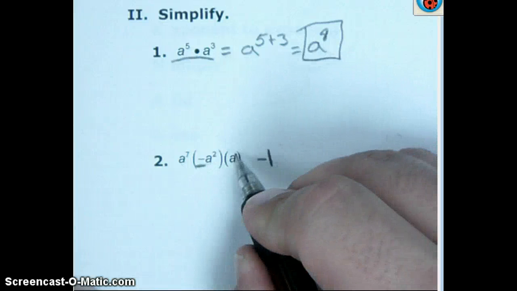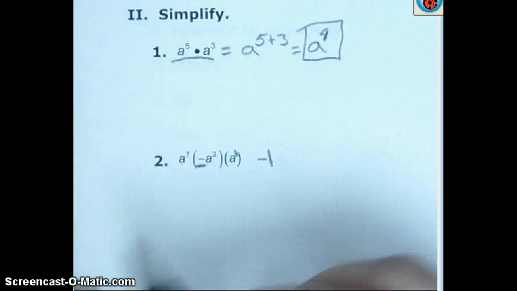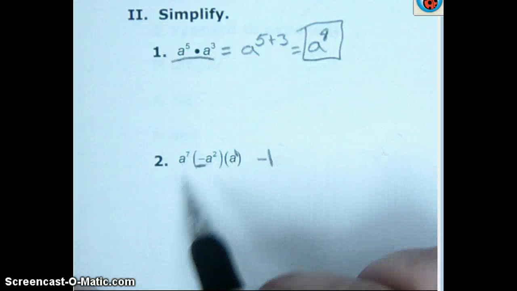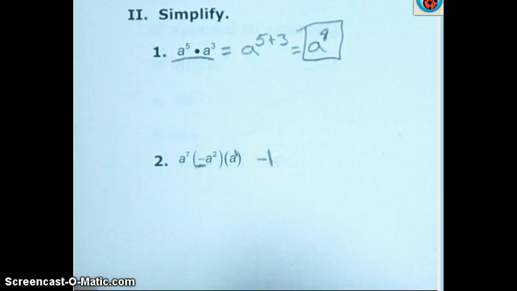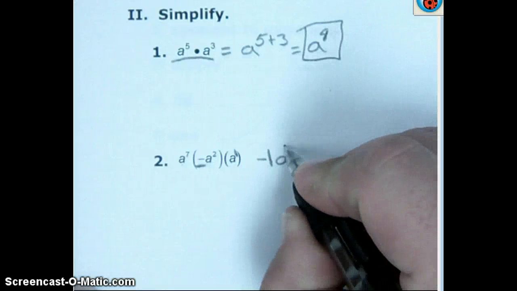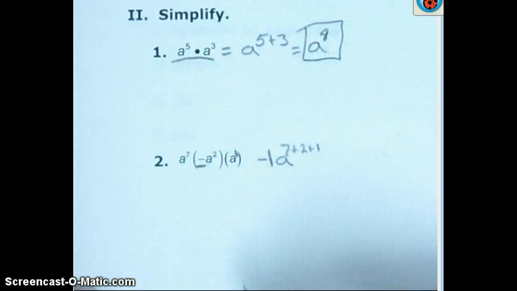Well, it's not there, but it's really like an imaginary 1. So it's kind of like saying that I have these three expressions that all have the same base, the same letter, raised to an exponent. So it's kind of like saying that we have a to the 7 plus 2 plus 1. I'm just adding all these exponents.